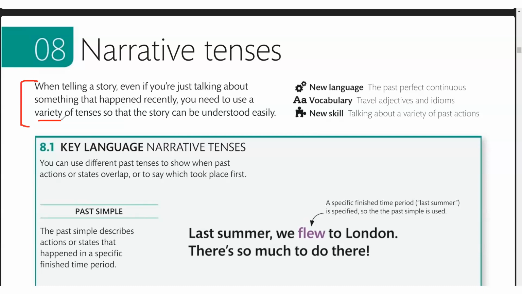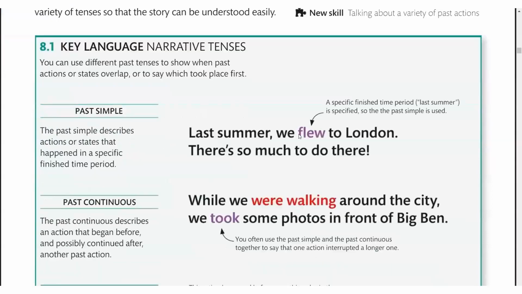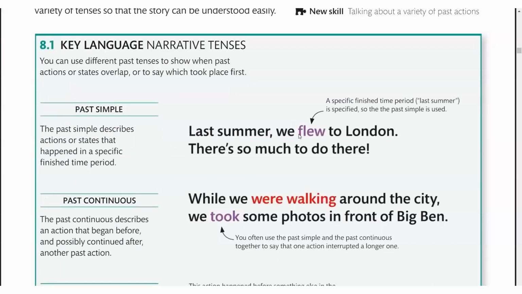And that's why we're not just going to use the past simple tense. So we do use different tenses to show when past actions or states overlap, or to say which took place first, because we have many events happening before other events. That's the reason why we can't just use past simple. So let's look at all the tenses that we can use when we're telling a story.